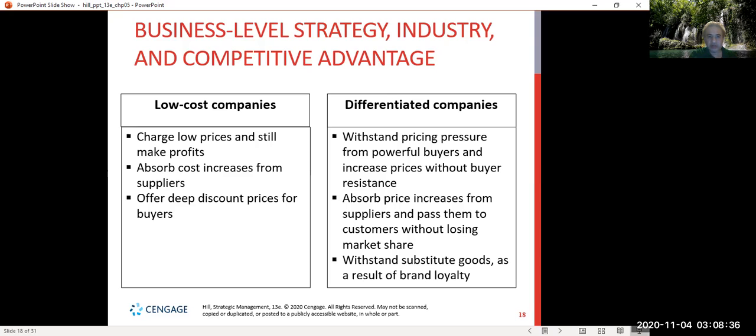Because a successful differentiator sells on non-price factors, it is also less exposed to pricing pressure from powerful buyers. A successful differentiator may be able to implement price increases without encountering much, if any, resistance from buyers. The brand loyalty enjoyed by the differentiated company also gives it protection from substitute goods and services.